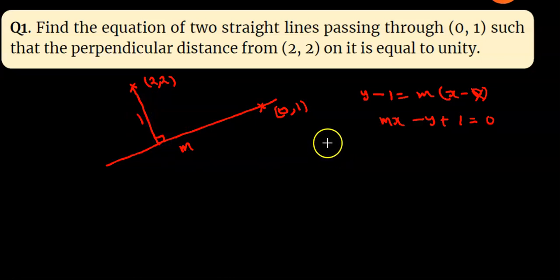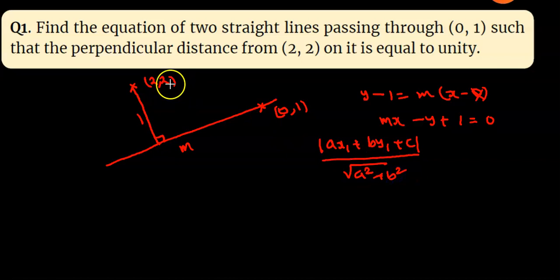You know the length of perpendicular formula, modulus of ax1 plus by1 plus c divided by root of a square plus b square. Using that formula, in the place of x1, y1, I can substitute 2, 2. In the place of a, b, c, I can substitute m, minus 1, 1.